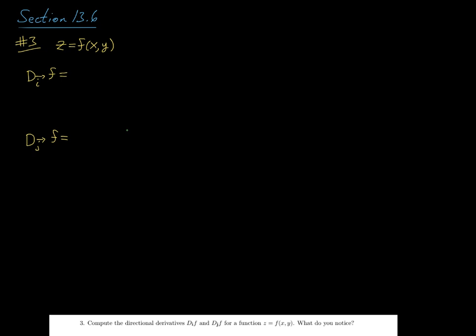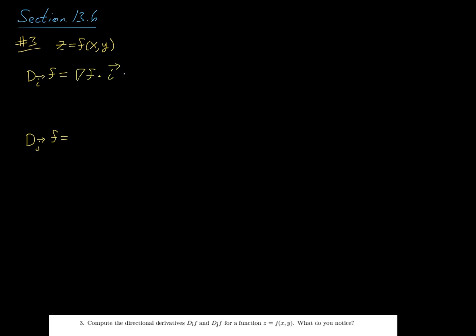Okay, well, let's go ahead and just write out what these things are saying from that result we derived in computing directional derivatives in terms of the gradient. This would be the gradient of f dotted with our unit vector, which happens to just be the basis vector i.